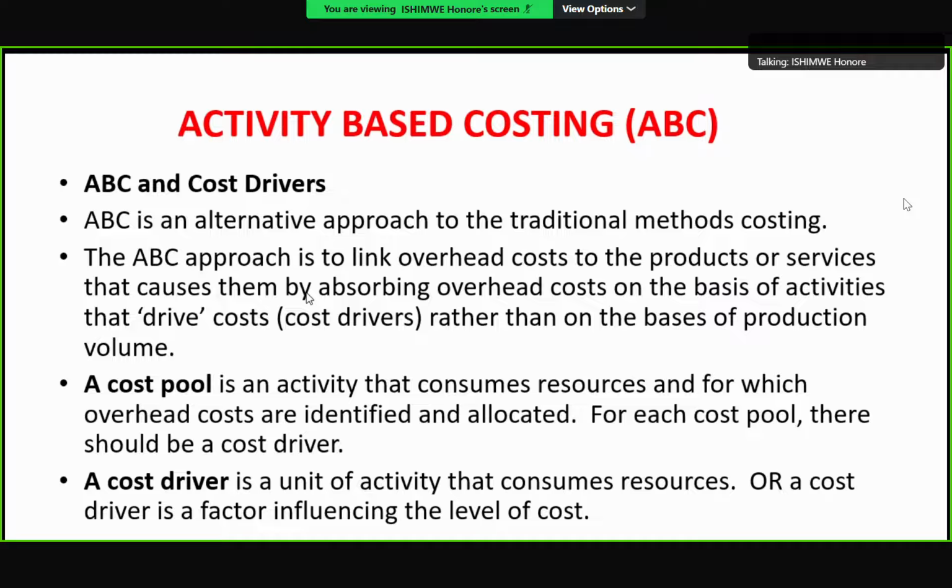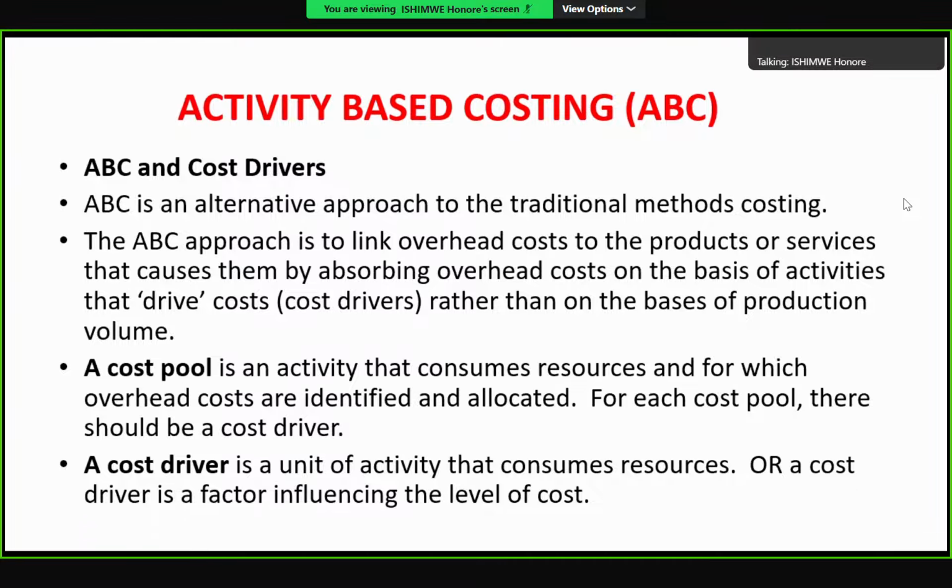If we talk about activity-based costing, I want to link it with what we call the traditional costing approach, traditional costing methods. In traditional, we were using absorption costing. So I want to link absorption costing versus ABC. What do we need to know there? Activity-based costing, as you see here on our presentation, ABC is an alternative approach to the traditional methods of costing.